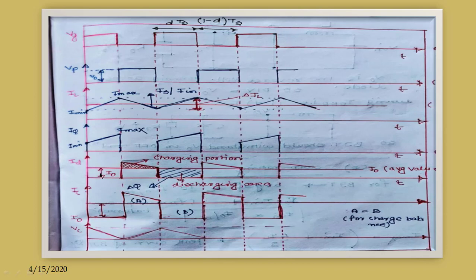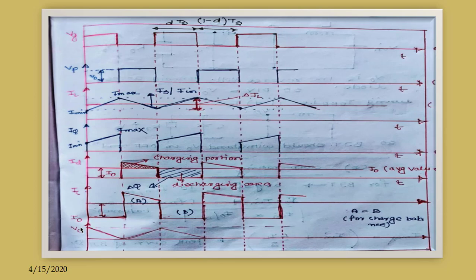Same as the diode current, only thing is that it is subtracted from the diode current by I naught. So this is plus I naught, and this is minus I naught. So this is the nature of the capacitor current. And we know in this time the capacitor is charging, discharging. So this is the nature of capacitor voltage. So these are all the critical voltage waveforms of boost converters.